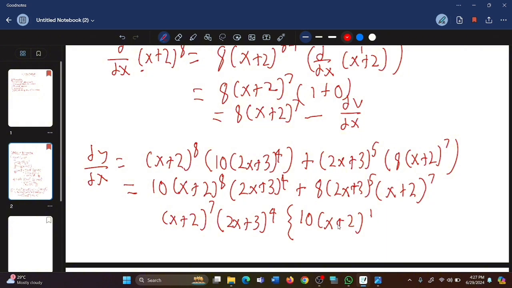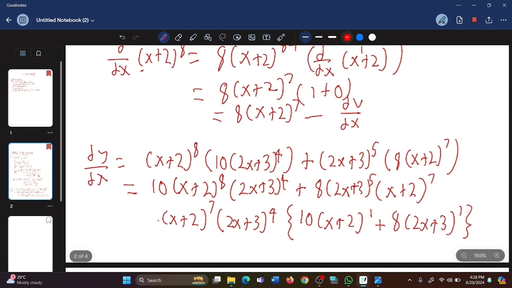Thus it becomes 10 (x plus 2) to the power 1. Then I put the plus sign. Now as I've taken (x plus 2) to the power 7 as common, it becomes 1, and (2x plus 3) to the power 4 as common, thus I subtract 4 from 5 to make it 1: 8 (2x plus 3) to the power 1.